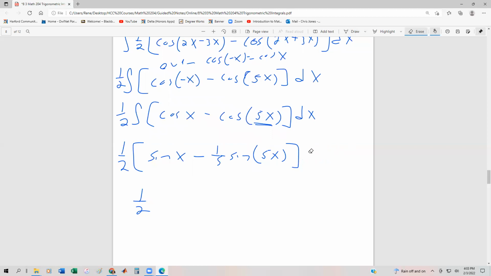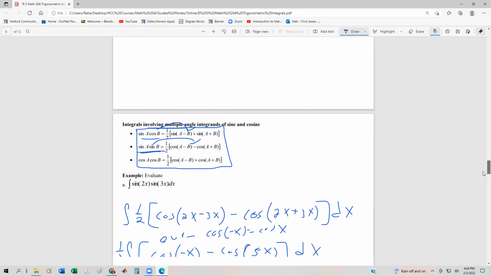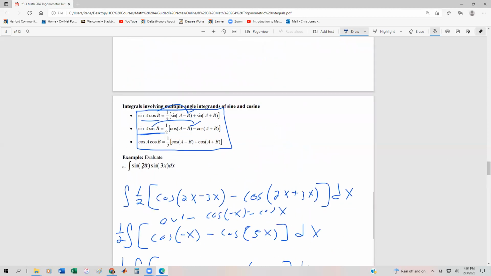Distributing the 1/2, we end up with 1/2 sine x minus 1/10 sine of 5x plus the constant of integration C. So be aware of these types of integrals where you have a sine times a cosine, and they're not the same interior function, so you can't necessarily reduce it any further.